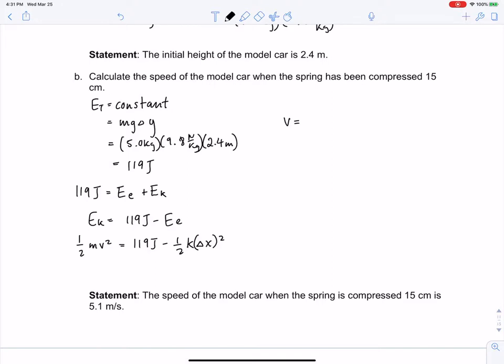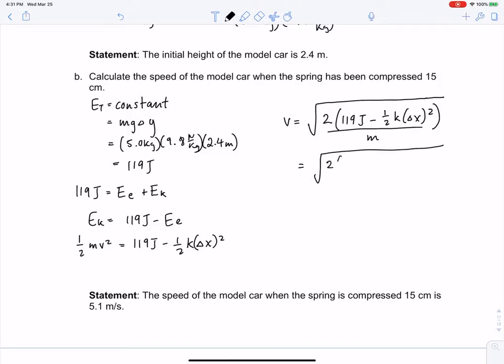In this case, v is equal to the square root of 2 times (119 joules minus 1/2 k delta x squared). Close the bracket, divided by m. Let's sub in our values here.